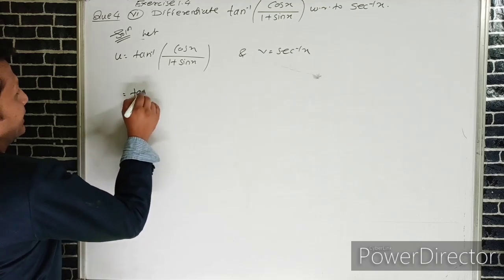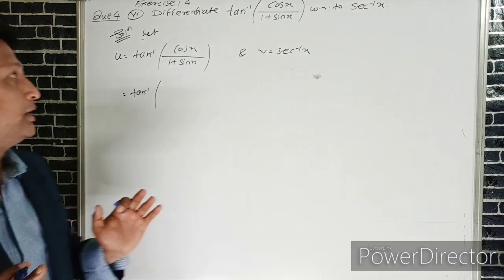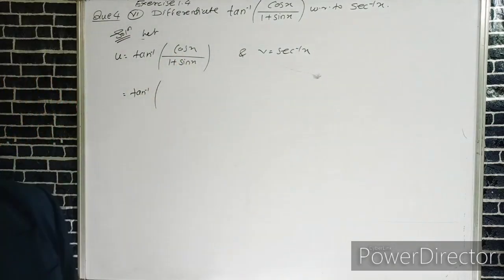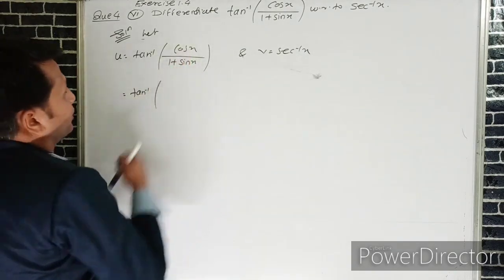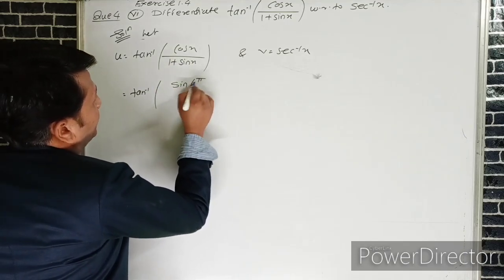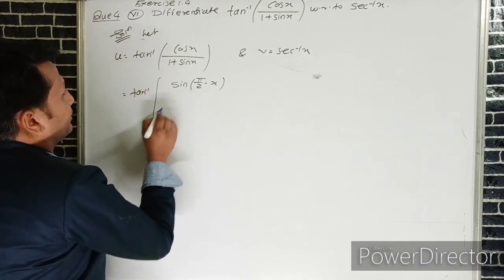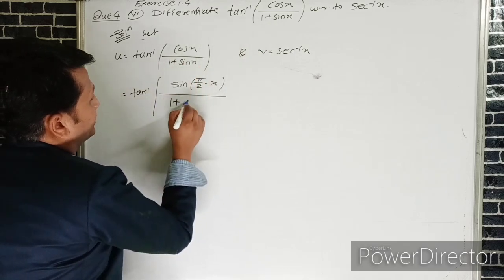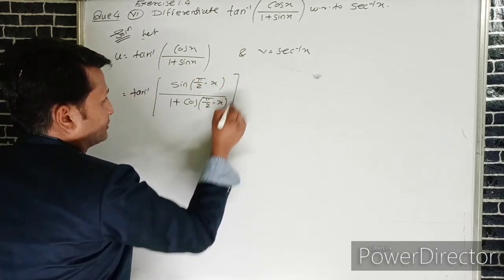Using the complementary angle rule, we can write cos x as sine of (pi by 2 minus x). After that, upon 1 plus sin x, we can write 1 plus cos of (pi by 2 minus x).